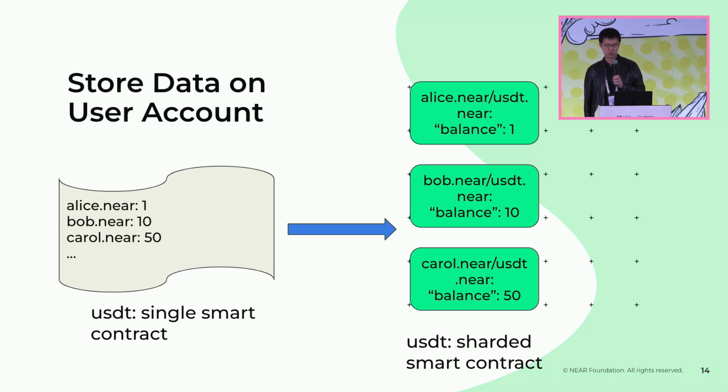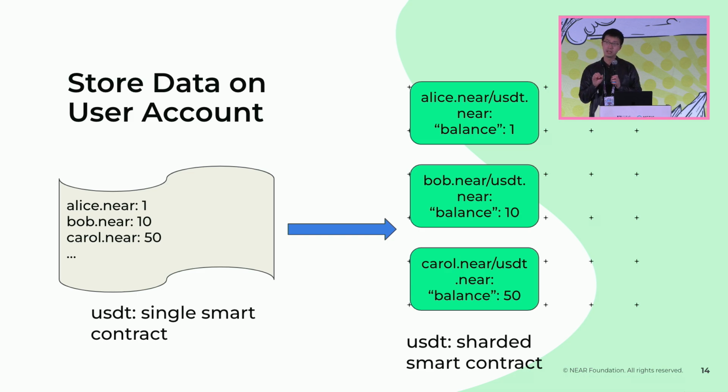Now, what it means to store on the user account is kind of the inverse of that. The USDT smart contract, the USDT account itself, doesn't store much information, and all the balance information is stored under this namespace that I talked about before.